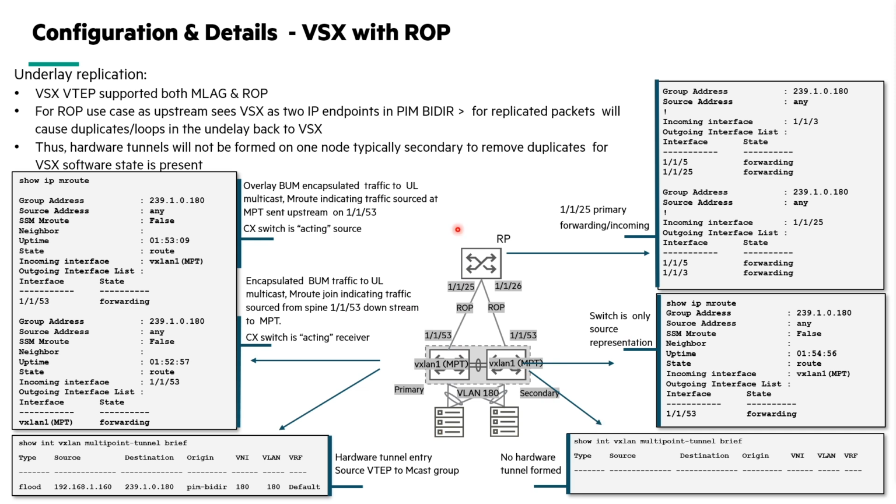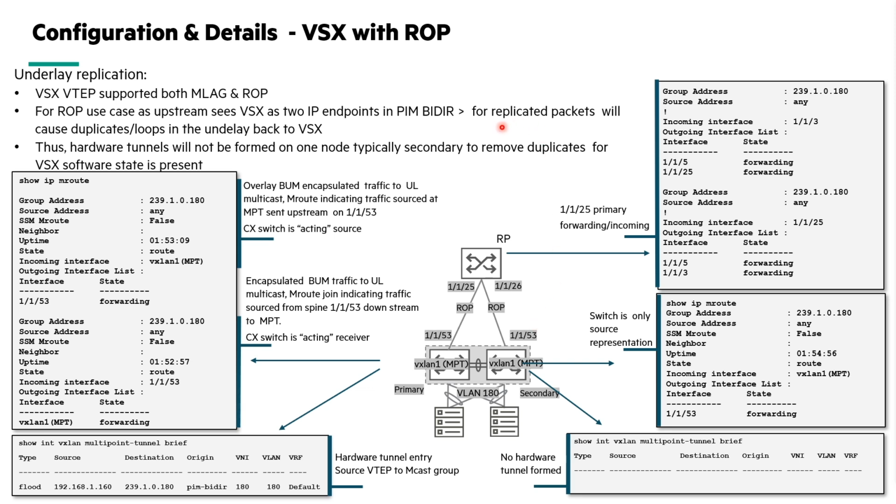From an upstream device perspective, when we have ROP configured, the upstream PIM bidirectional device will see two independent PIM bidirectional endpoints effectively because of the layer 3 routed interface.